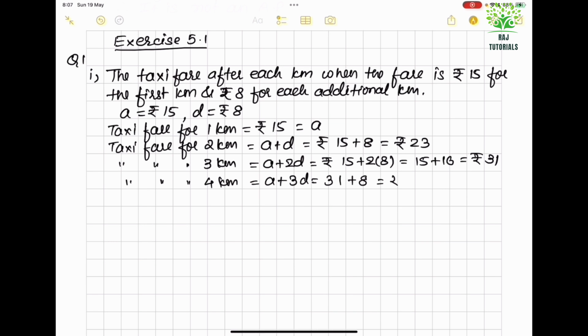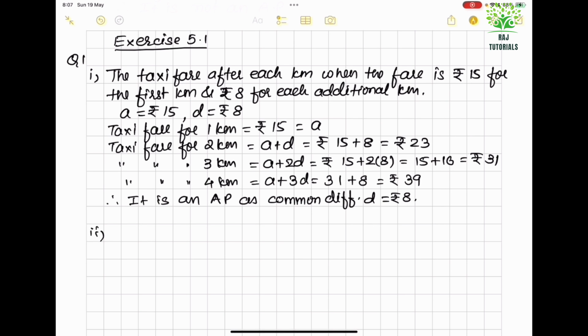So the answer will be the same. So I can say, therefore it is an AP with common difference D equal to rupees 8.